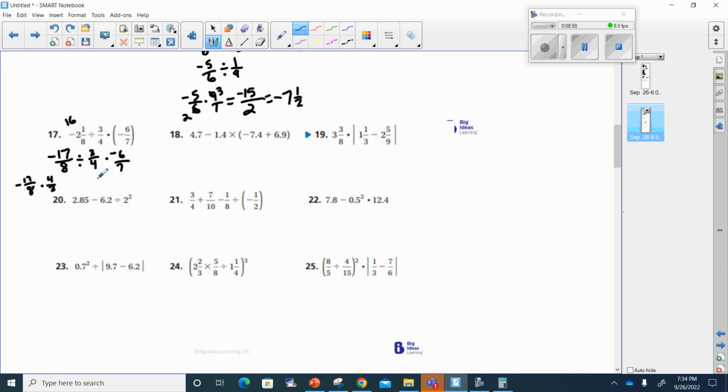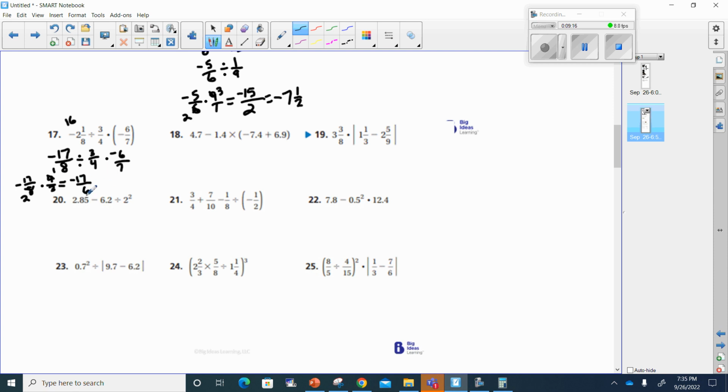All right. And if I do that first, that's going to allow me to get the 4 divided by 4 is 1. 8 divided by 4 is 2. If I put these together, that's going to give me a -17 over, well, 2 times 3 is 6.